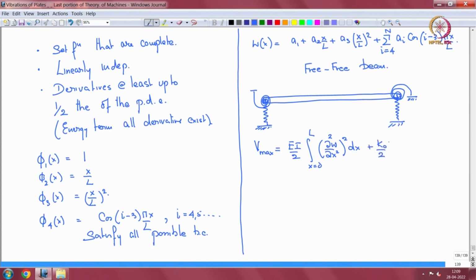Then you include your spring energy at x equal to 0, the spring energy at x equal to L. Then you can have rotational springs, maybe 1 and 2, del W by del x whole squared at x equal to 0 and at x equal to L.